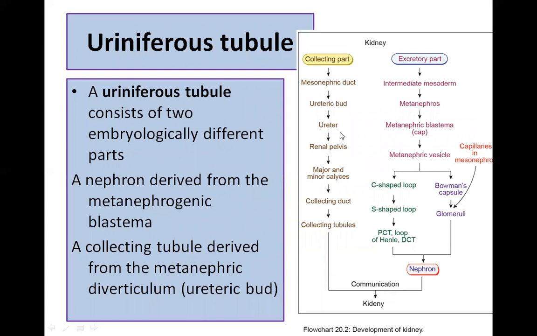So, it will give rise to the ureter, the renal pelvis, the calyces, the ducts, and the tubules, and the excretory part will contribute to the formation of metanephric blastema, which will form the metanephric vesicle under the induction of this ureteric bud. It will form a C-shaped loop, then an S-shaped loop, and finally elongation of these loops will lead to formation of proximal convoluted tubule and the distal convoluted tubules. And finally, the kidney will be formed.